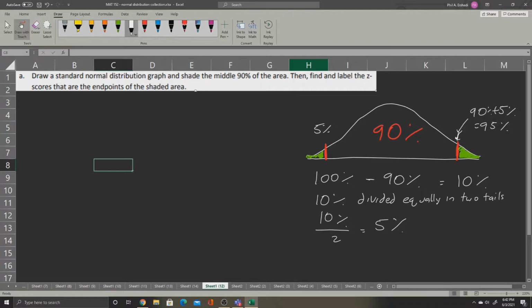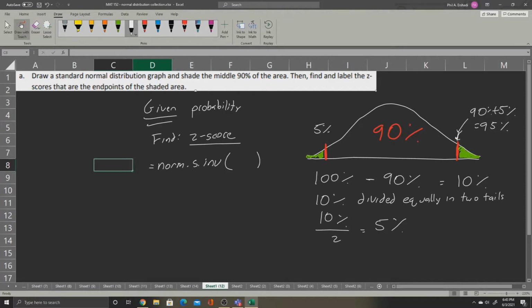Now, notice that this time we were given probabilities and asked for z-scores. Now, last time when we were given a probability, we used norm inverse, and this gave us an x value. This time we're not asked for x value, we're asked for z-score. So this is similar, but instead we'll use norm S inverse.